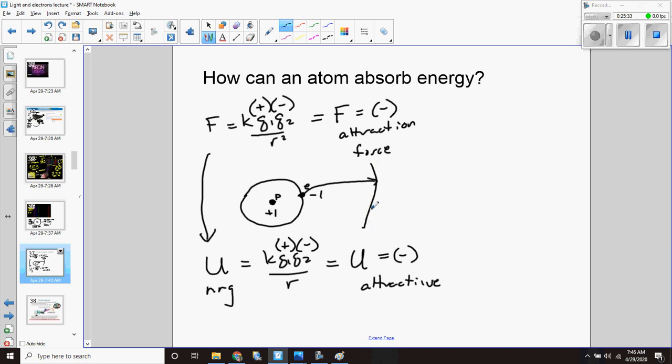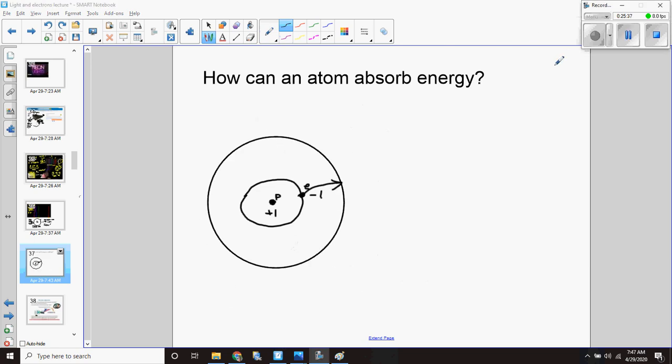Let's erase some of this information. What Niels Bohr realized is when an atom absorbs energy, the electron will actually move farther away from the nucleus. So the first step is absorb energy. And the second step is the electron moves farther away.